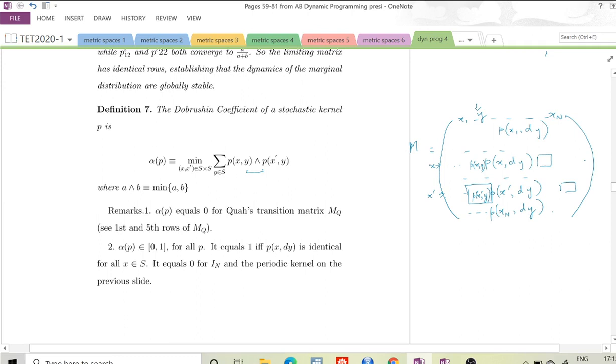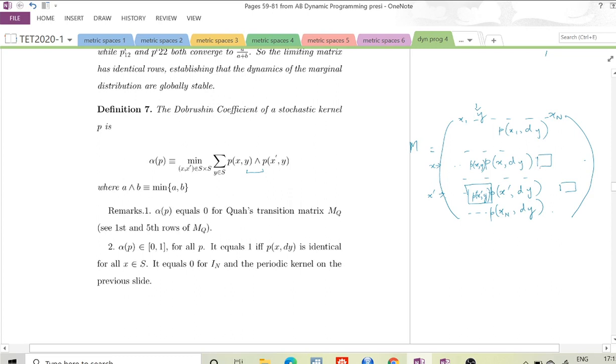Okay, so once again, for every pair of rows today, you take every possible state that can happen tomorrow, y. You look at p(x, y), p(x prime, y), and you take the smaller of the two, right?